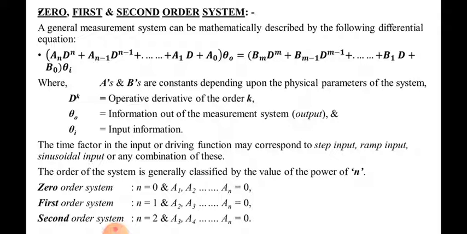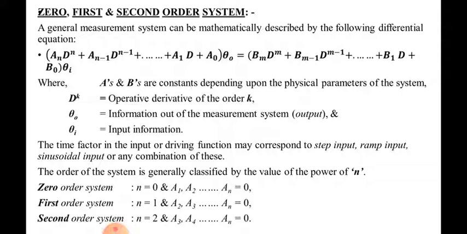Where the a's and b's are constants depending upon the physical parameters of the system. Means whatever measuring instrument we are using, all the a's and b's are constants depending upon the physical parameters of the system.